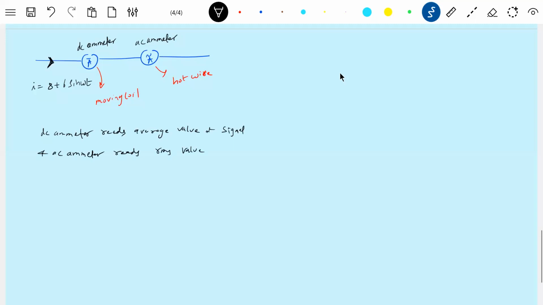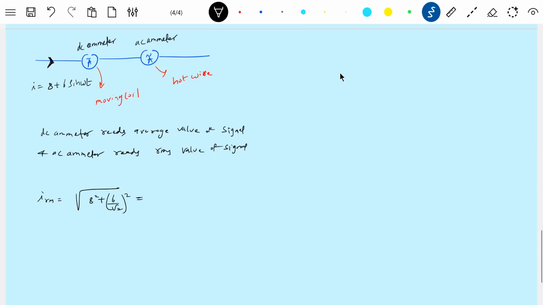I think this is the fundamental thing. Let's remember it, so that it will be easy for us. Okay, now how to calculate the reading of the AC ammeter, the I RMS of this signal? It should be equal to root of 8 square plus (6 by root 2) whole square.